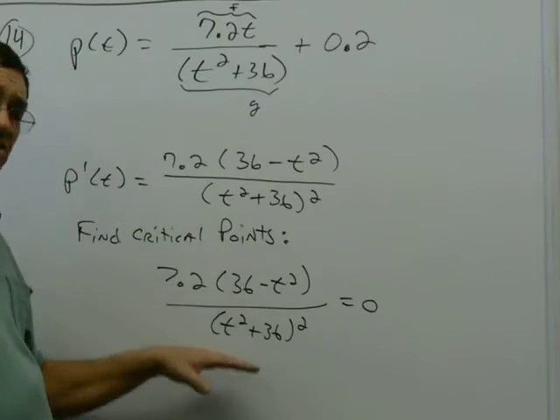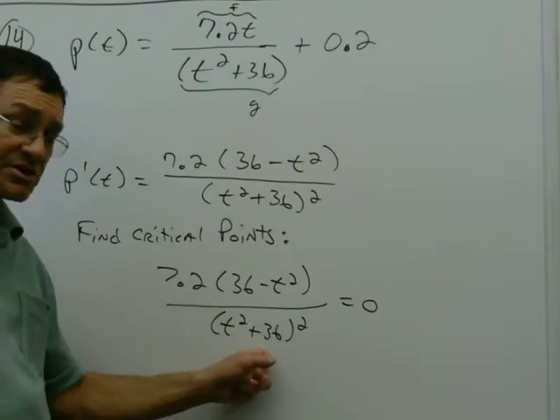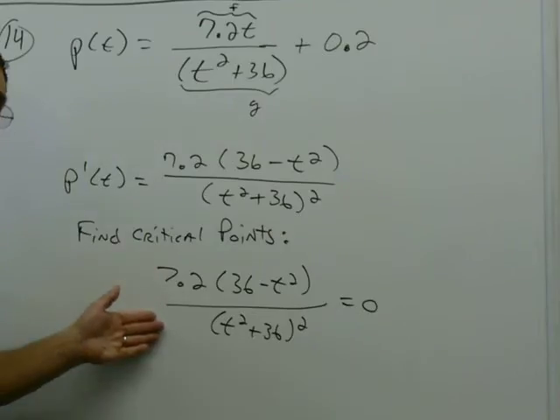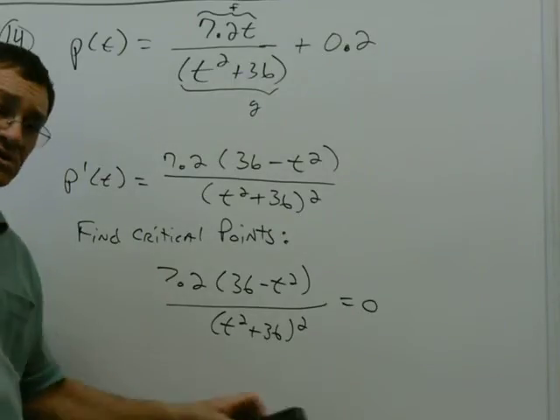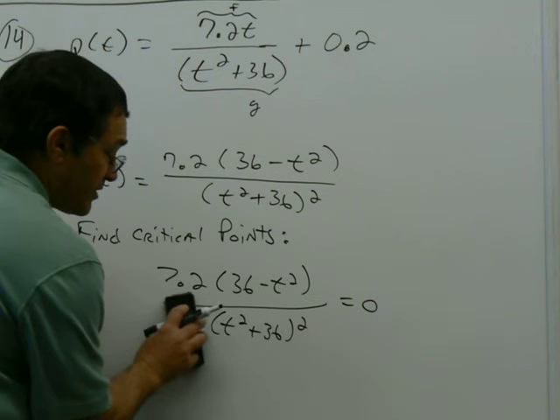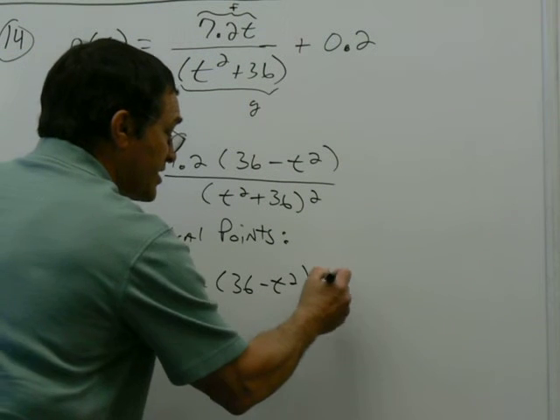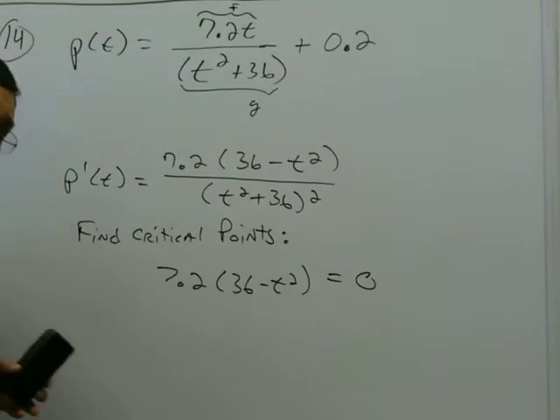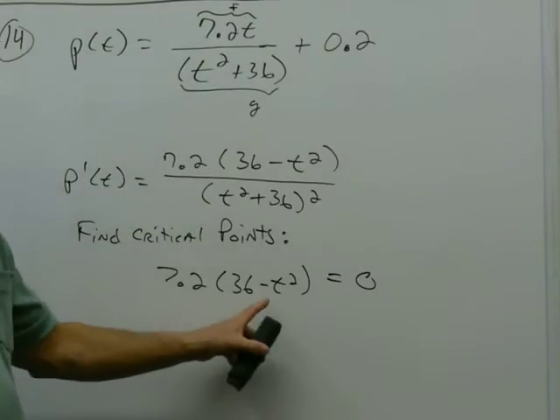So I have a fraction equal to 0, and I have a denominator that can never equal 0. So the only way this fraction can equal 0 is if the numerator is equal to 0. So I can ignore the denominator, and solving the original equation is the same thing as just setting the numerator equal to 0 and finding the solution for that.